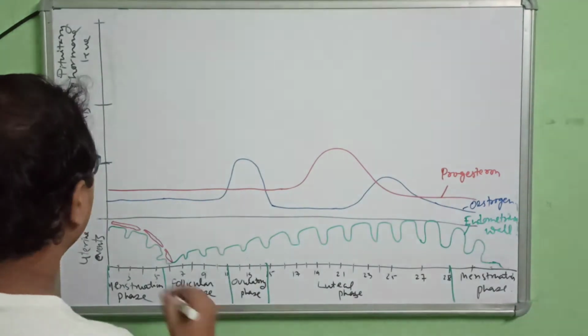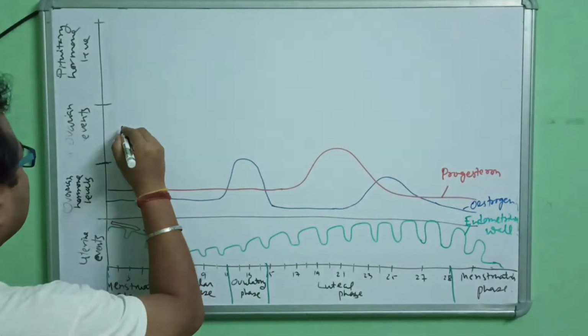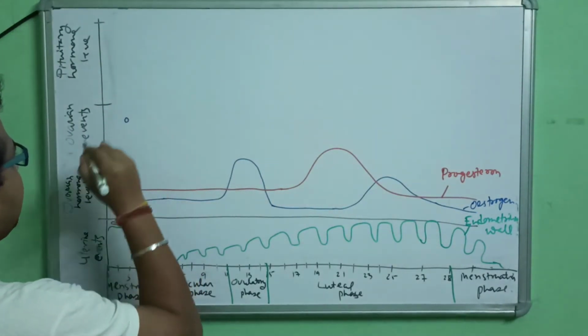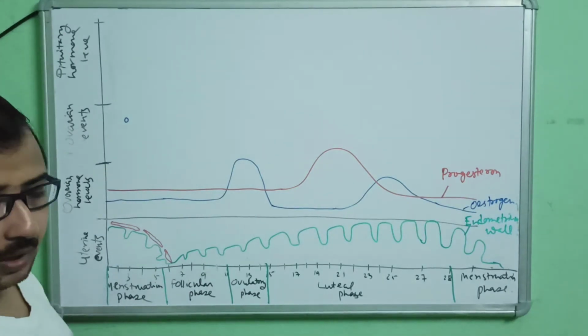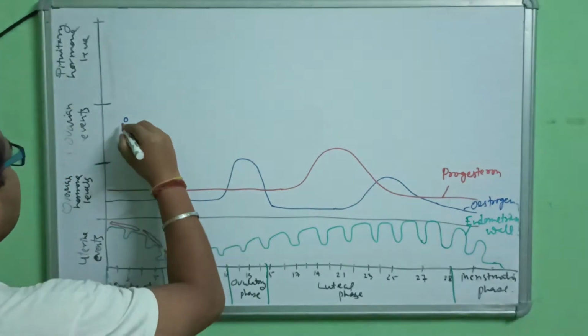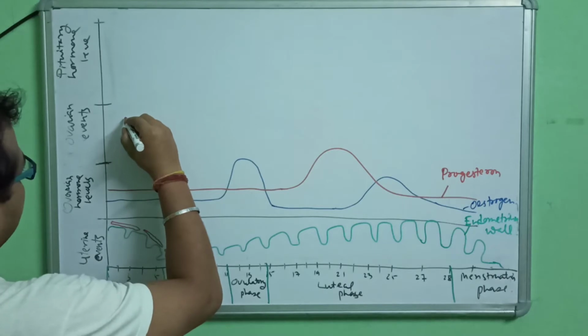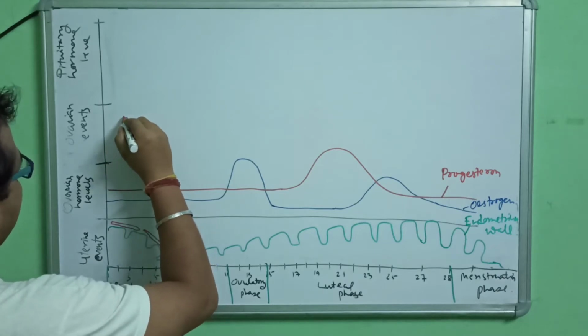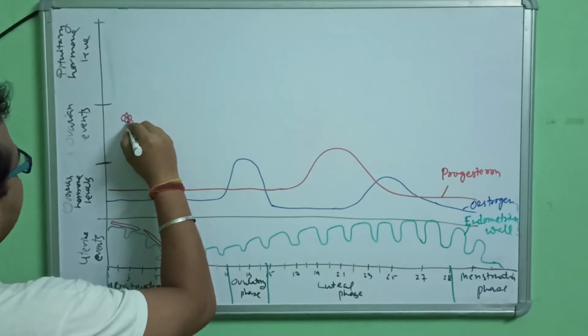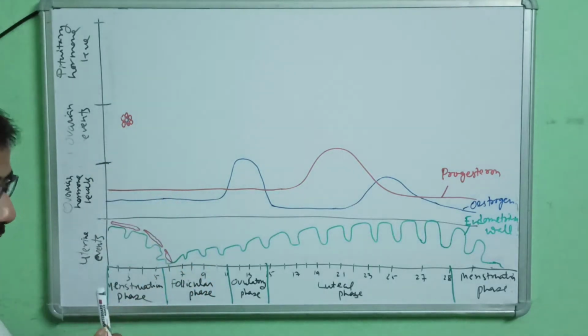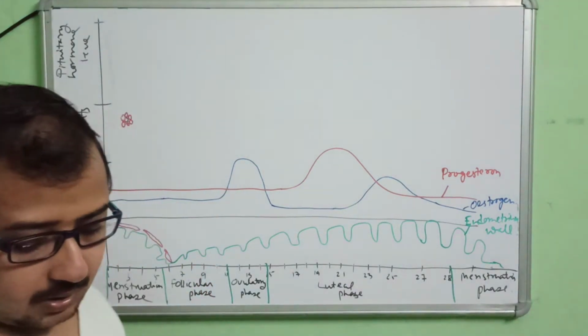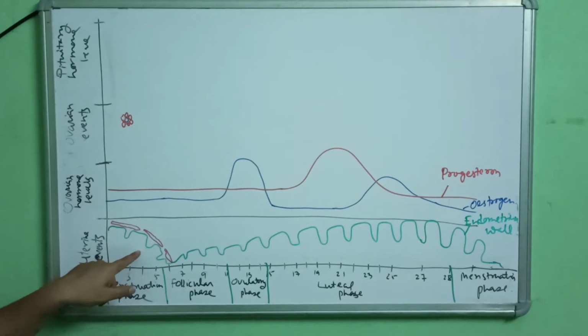With the blue I am showing the cell here. So first there is a small cell around which there is layering of the Graafian follicle, which is supposed to release out here.